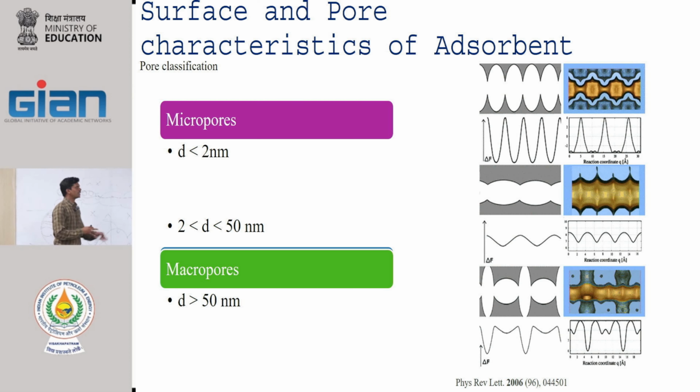It will allow you to enter into the first one, but it will not allow you to flow through it. So we talk about three different types of pores in terms of size, and also three different types in terms of surface. This is smooth pores, this is zigzag, and this is cage. Okay.